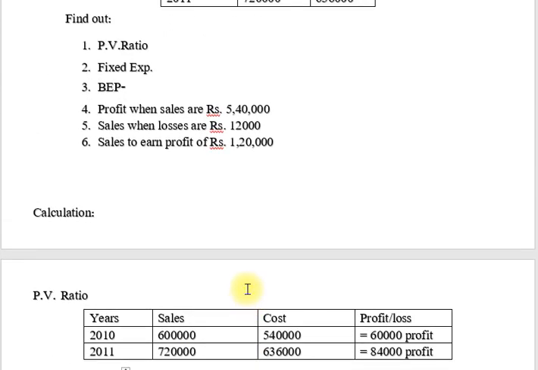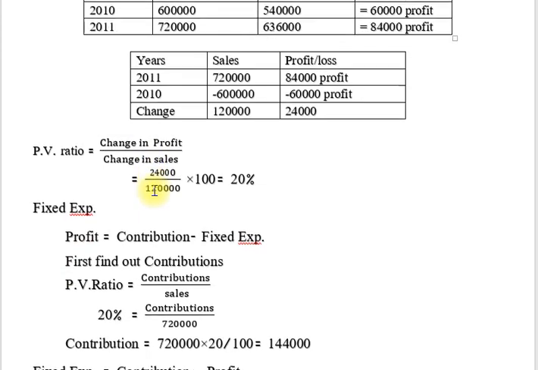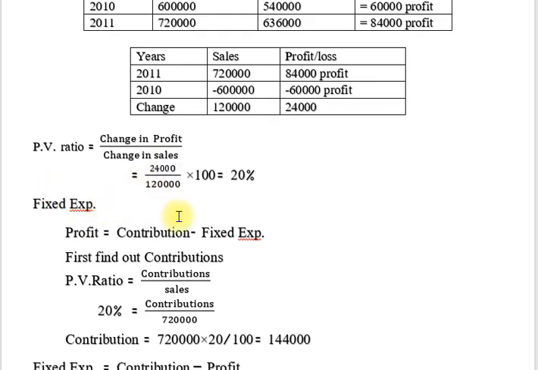Now second, fixed expense. The equation is profit is equal to contribution minus fixed expense. First, we have no contribution and we have no idea about fixed expense.